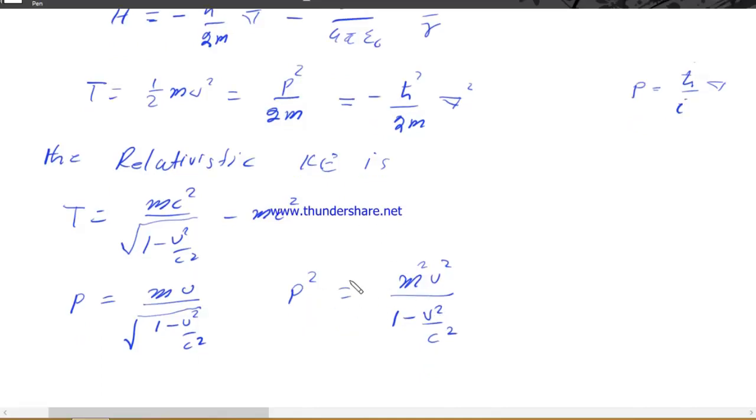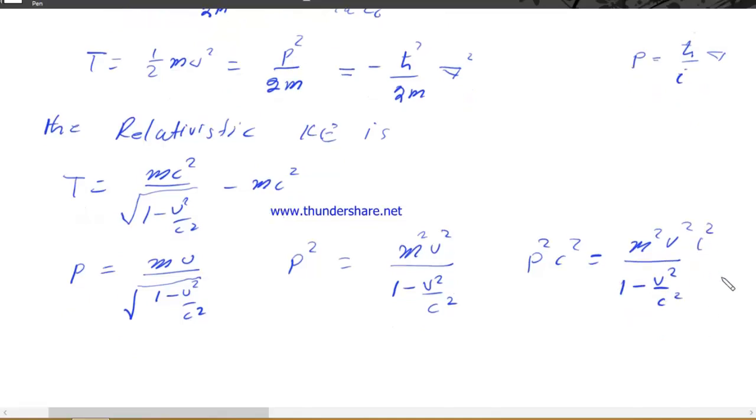Now we multiply both sides by c², then p²c² is equal to m²v²c² divided by 1 minus v² divided by c².